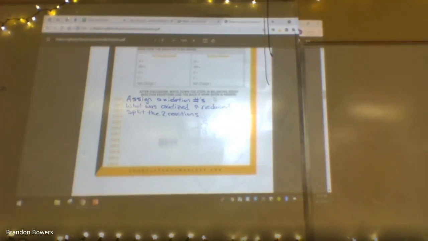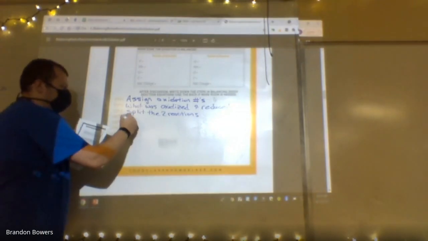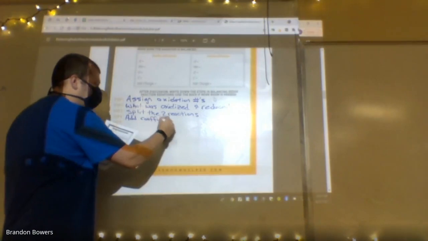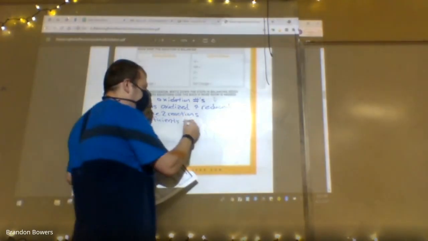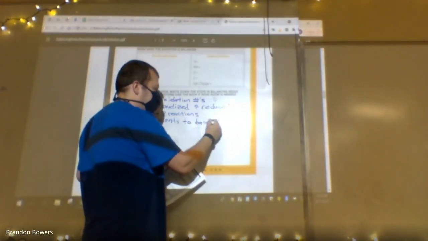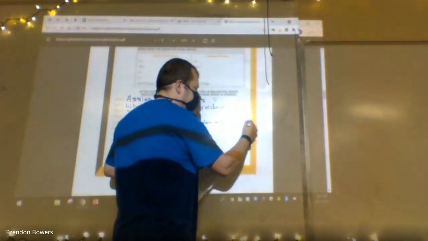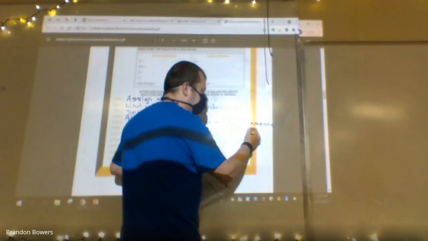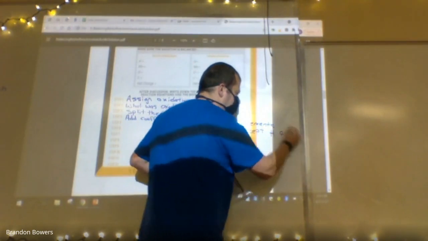Number 4, what happened here? This one's tricky. Number 4, we added coefficients to balance all the elements except hydrogen and oxygen.